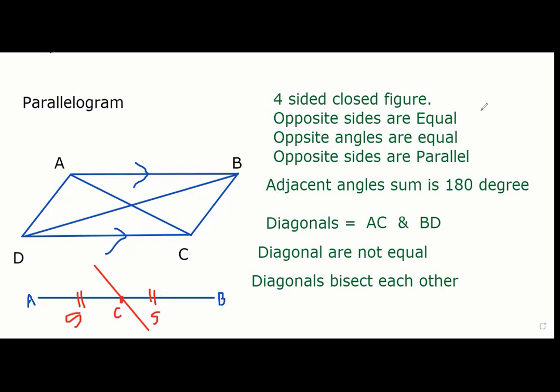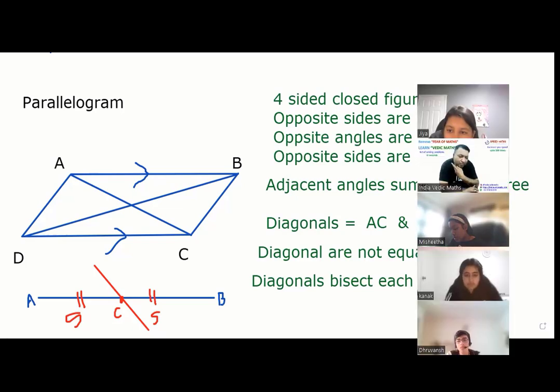So bisection happens when it divides into two equal parts. If it is not equal parts, then it is intersect. Intersection is just cutting the line. Bisect means equal. Sir, bisect means both parts are the same, equal. Right.